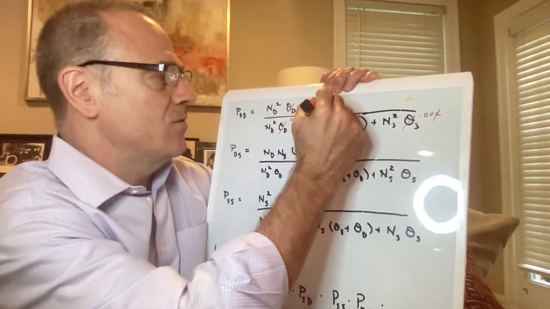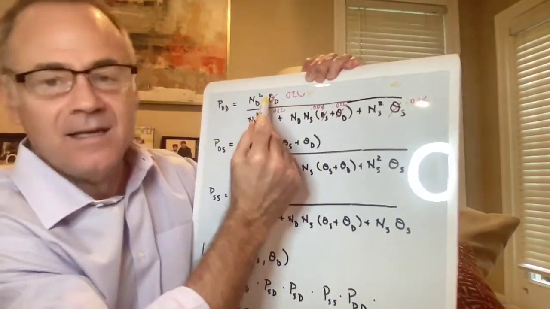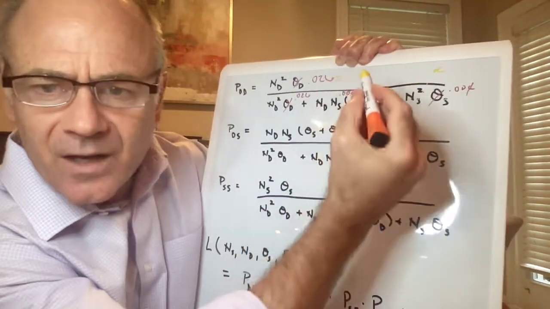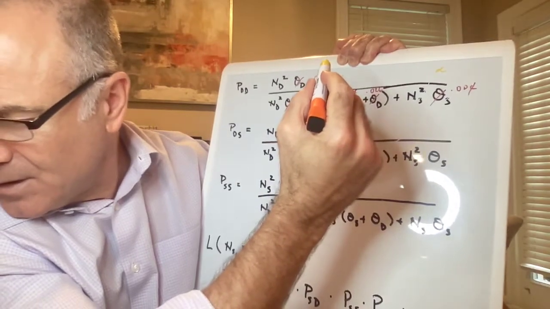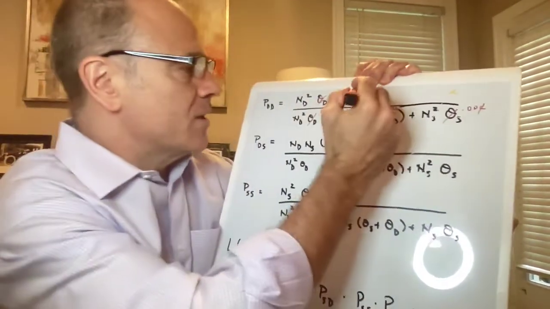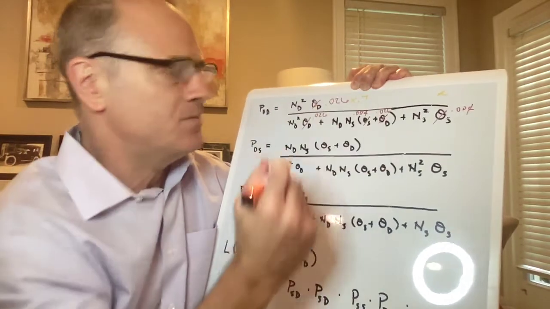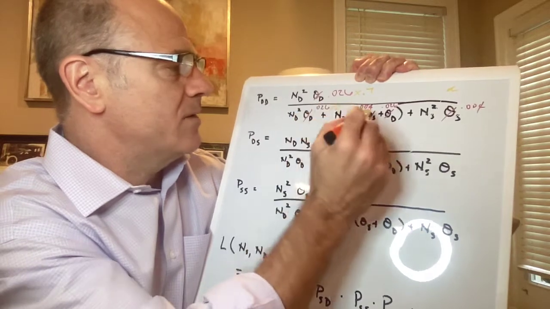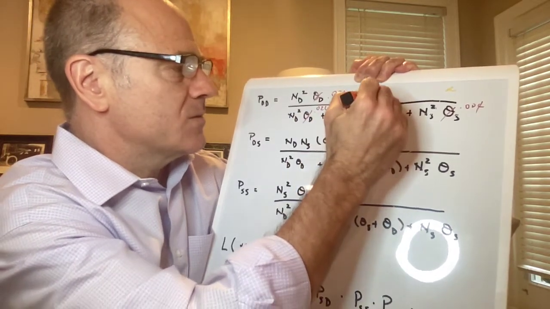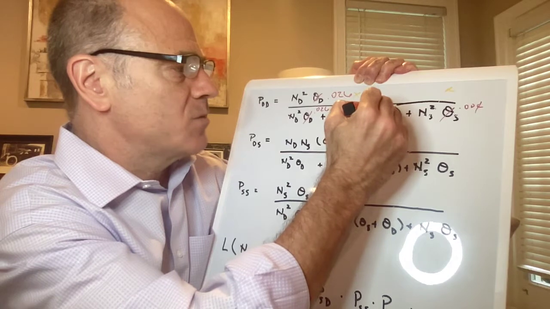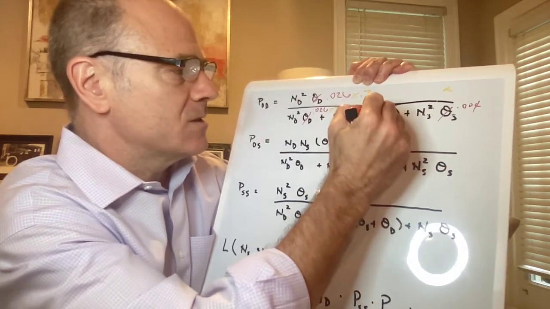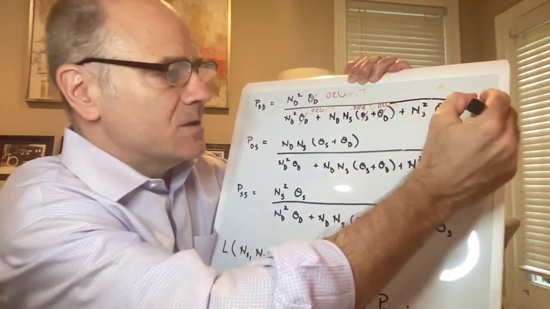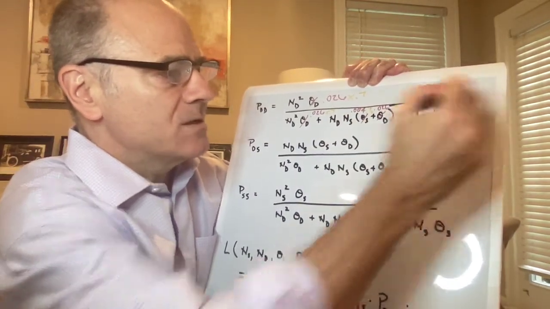So the new value of theta d hat, let's try it, is 0.026 times 0.7, and theta s is 0.004 times 0.7. That's a plus sign there, plus 0.026 times 0.7 plus 0.04 times 0.7.